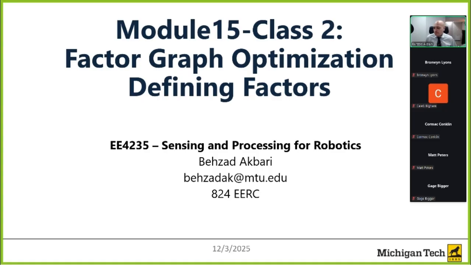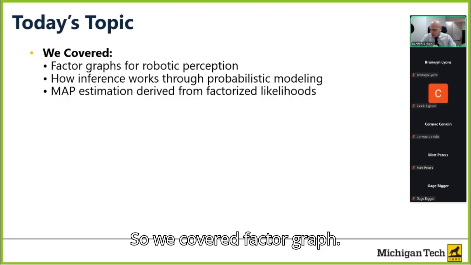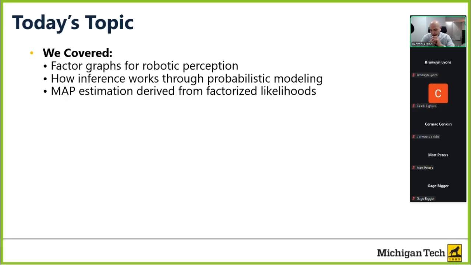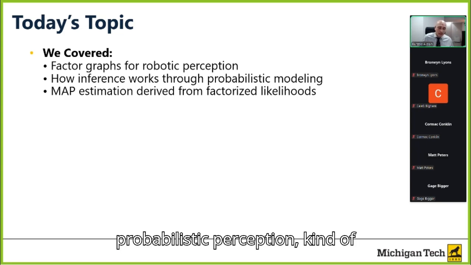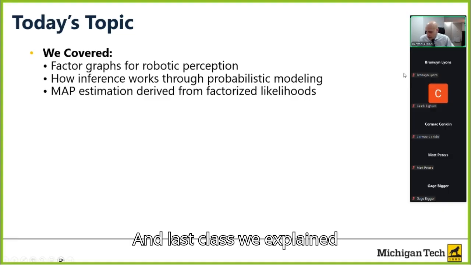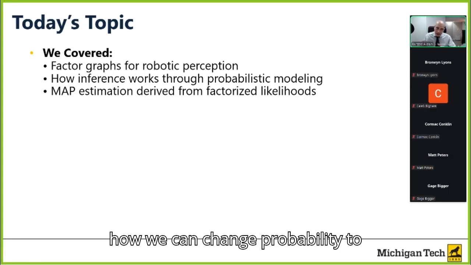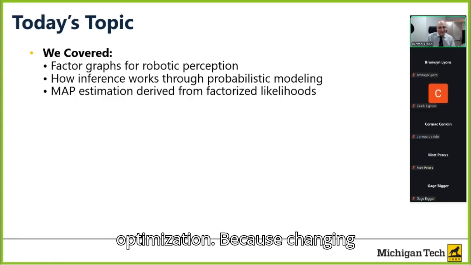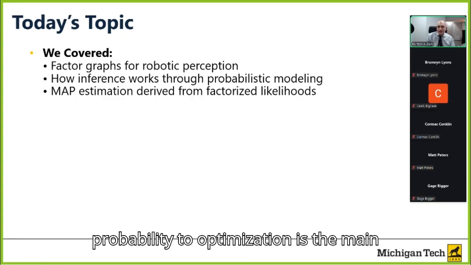Okay, so let's get started. We covered factor graph, and we explained how we can model probabilistic perception with probability. And last class, we explained how we can change probability to optimization, because that is the main part.